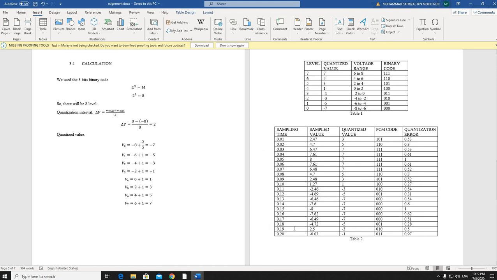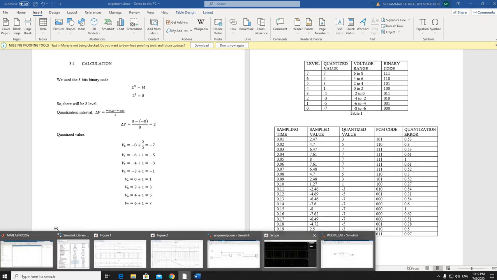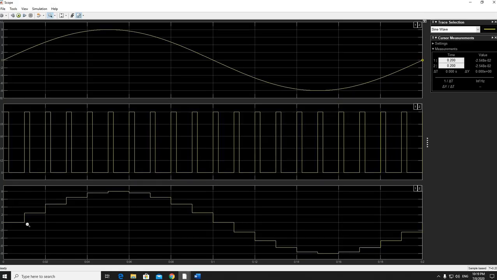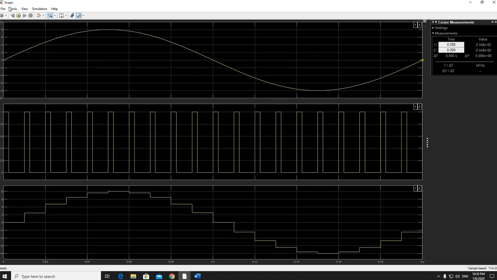Next, you sample out from this graph. How to sample it? You select here, measure, and then you get the selection.